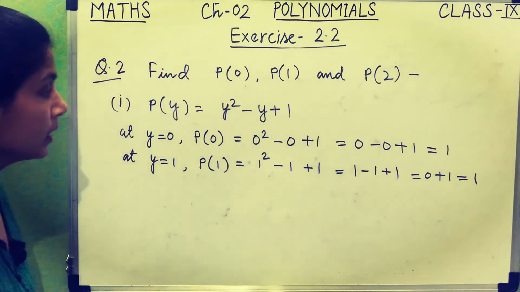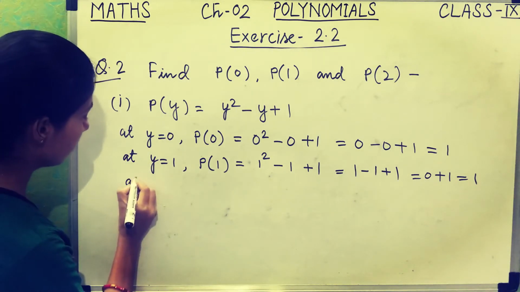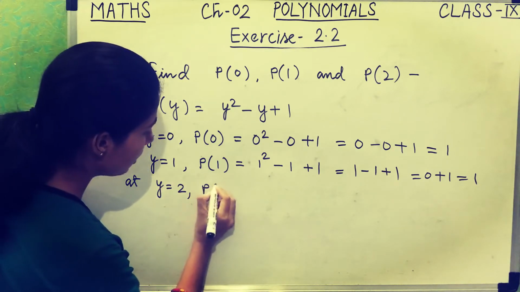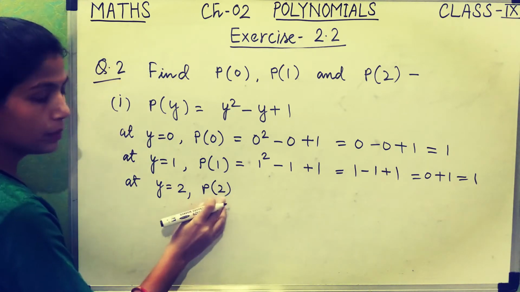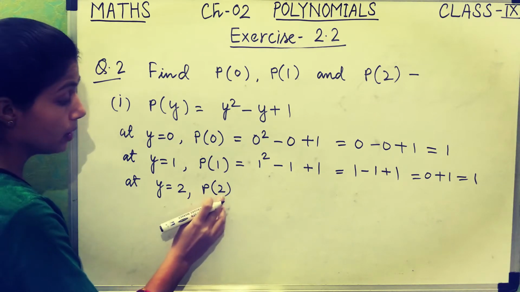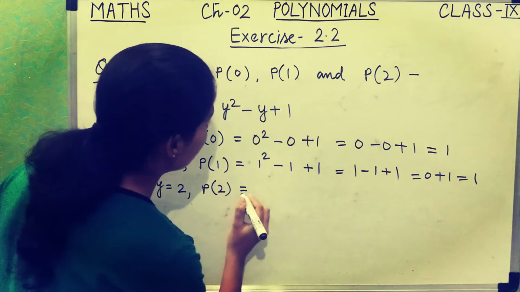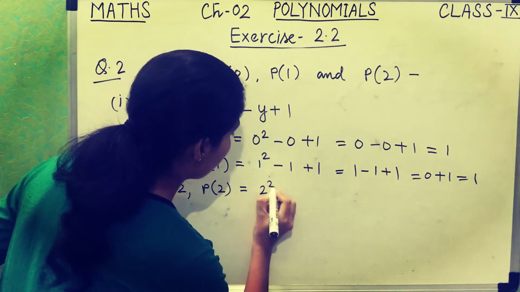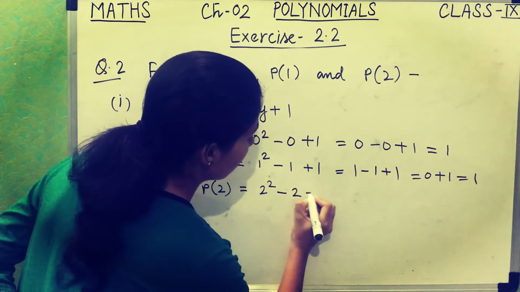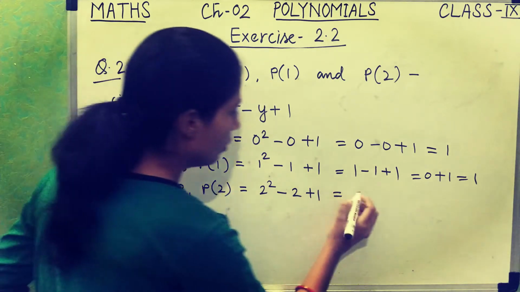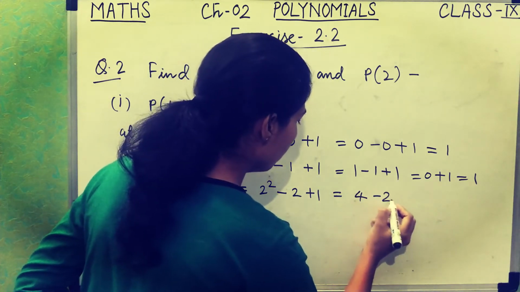Okay, now take the value of y as 2, it means p2, the polynomial value at y equals 2. So in place of y put 2, so 2 square minus 2 plus 1. Okay, so square of 2 is 4 minus 2 plus 1.